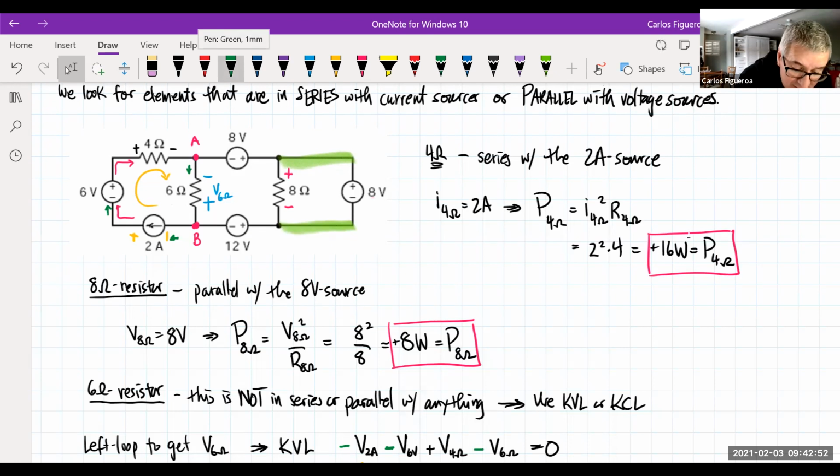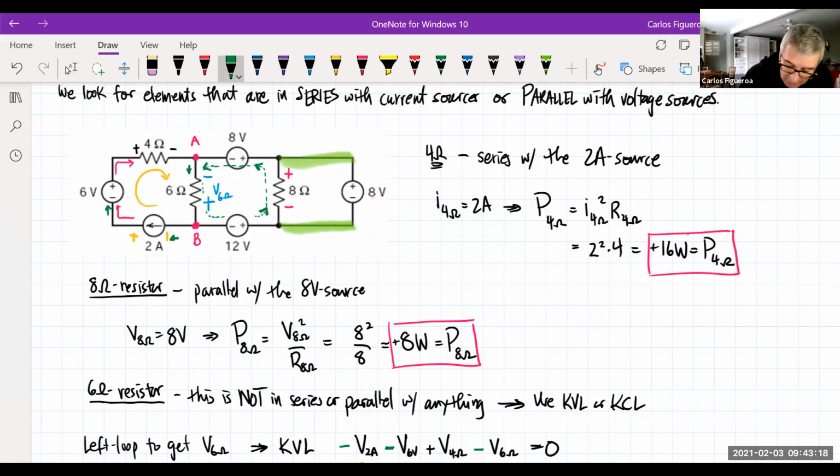So if I look at this loop, note that I can make a loop around here. Now I'm going to pick a direction, whatever direction that I want to pick here. How about if we go to the right? So I'm going to go this way, this way, this way, all the way around. So let's go apply KVL.